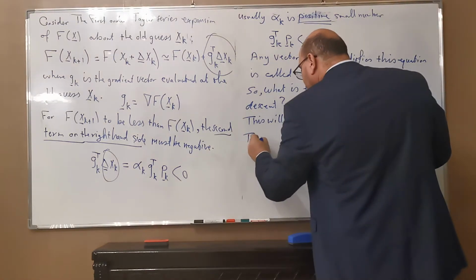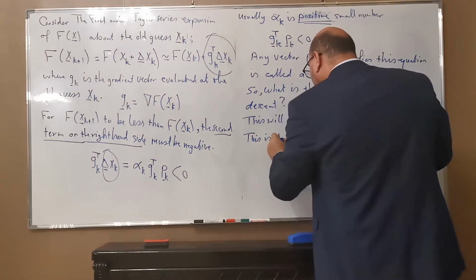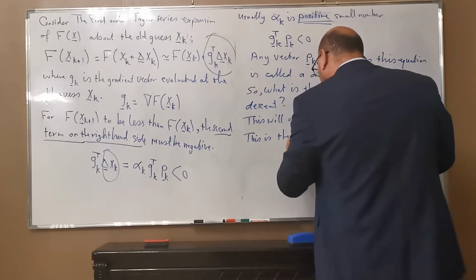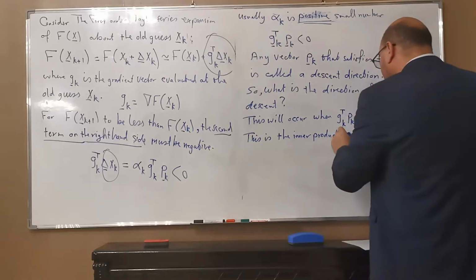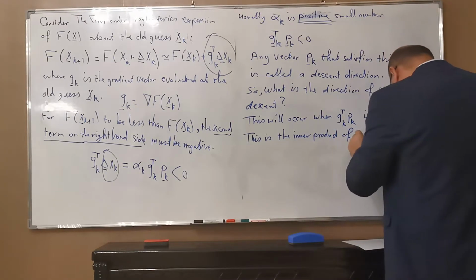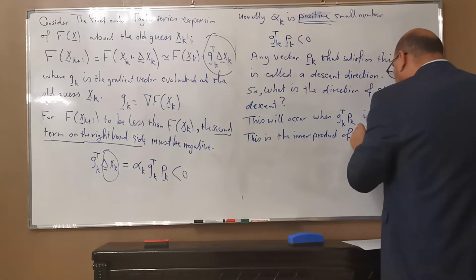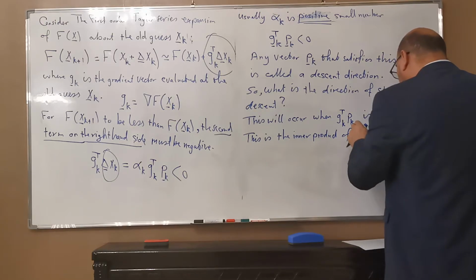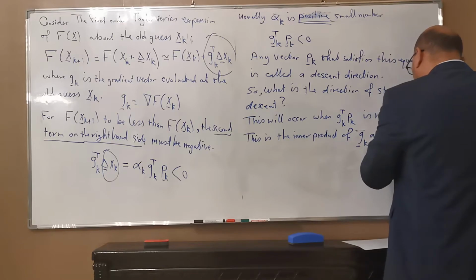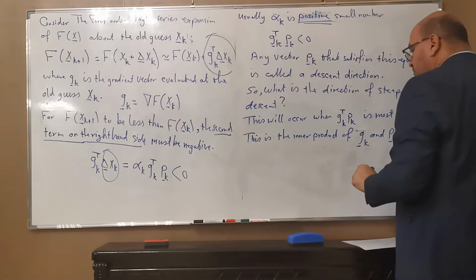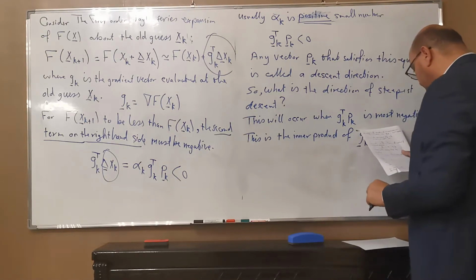So this is the inner product of the gradient vector and the search direction that we are looking for.